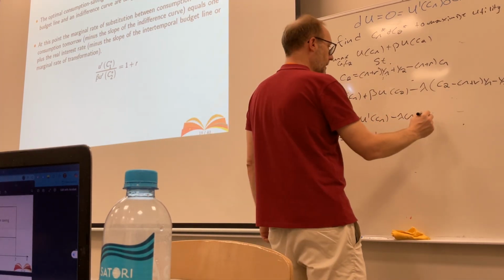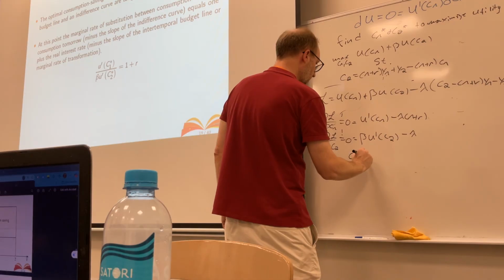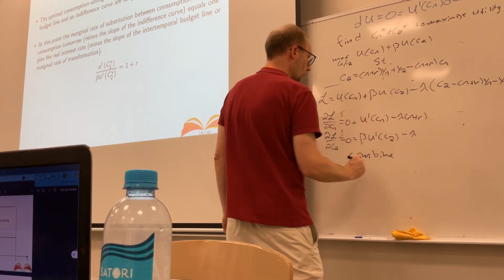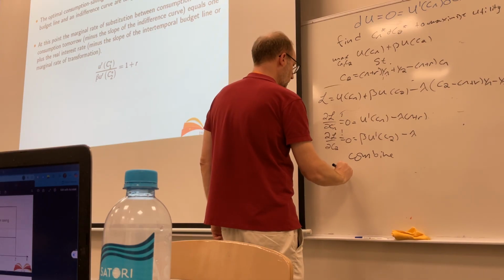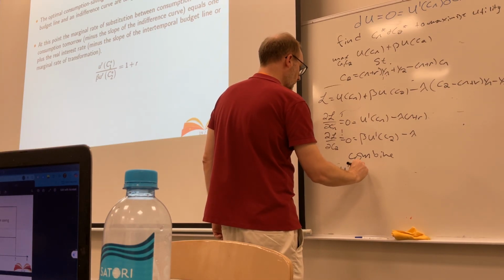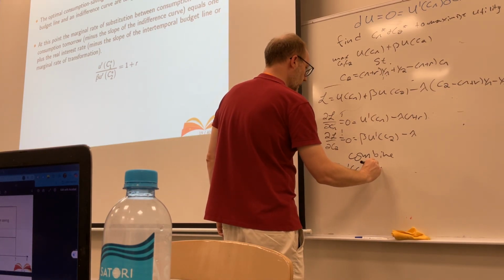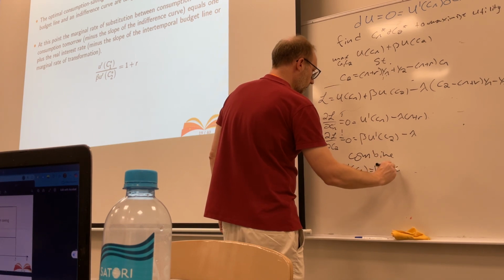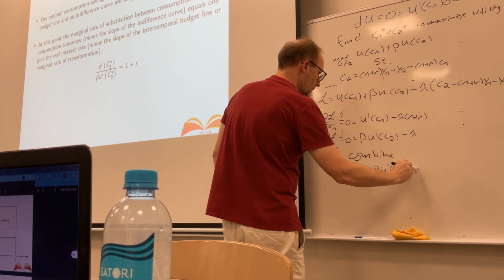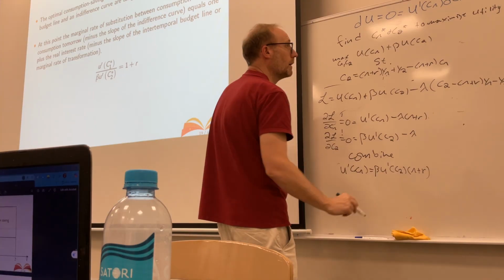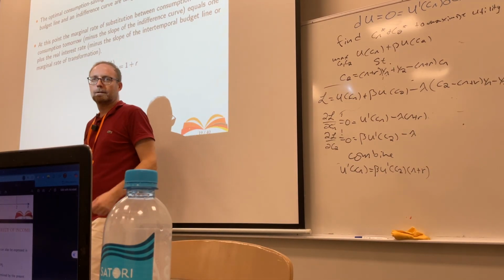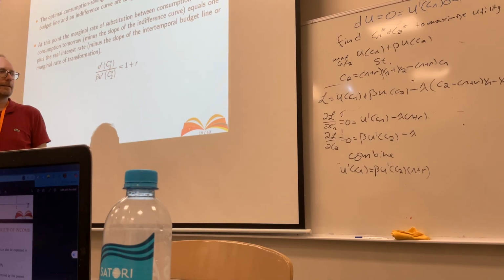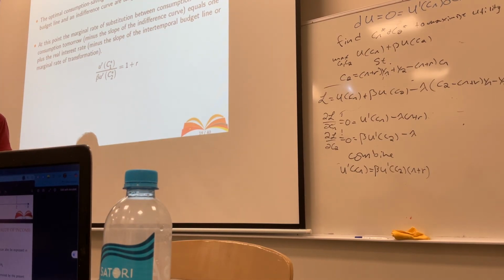And if we combine them, we get u prime of c1 equals beta u prime c2 times 1 plus r. Look at the equation in blue. It's the same thing, right?